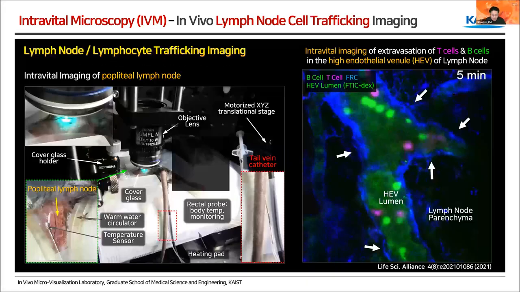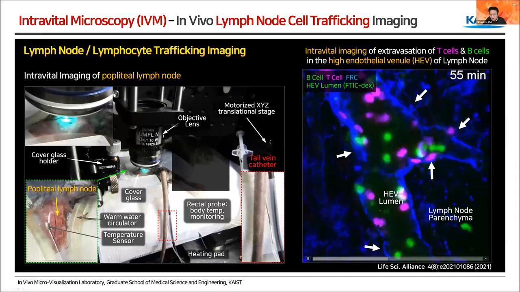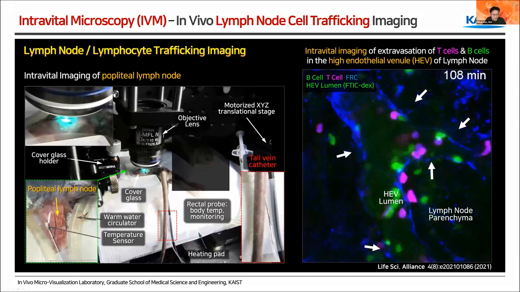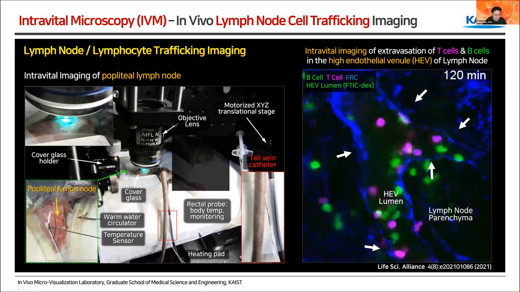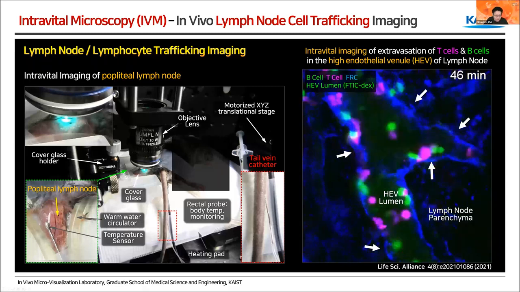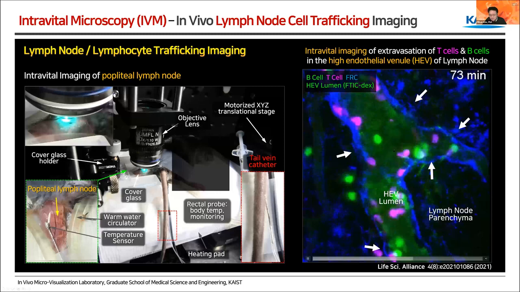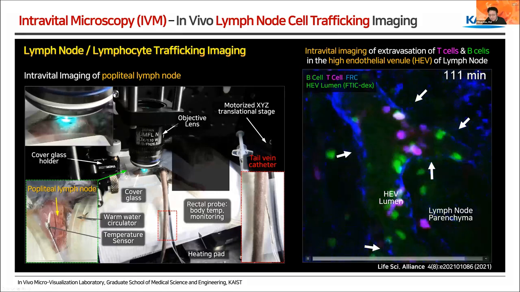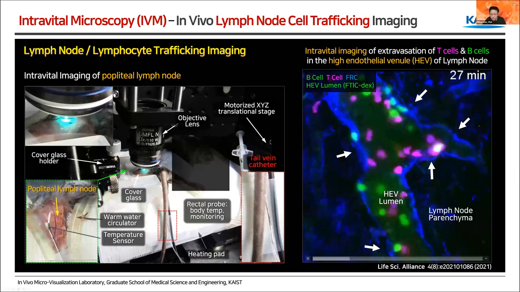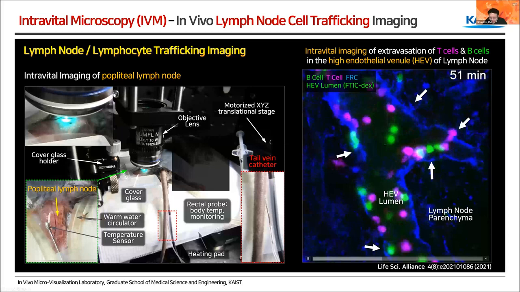And this is a 2-hour video showing the extravasation of lymphocytes like T cells and B cells inside the lymph node. We make a skin incision and expose the subcutaneous lymph node like this. Then we can image the different cells: red-colored T cells, green-colored B cells, and this blue color is perivascular FRCs.